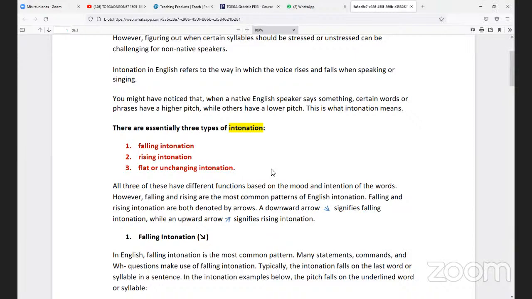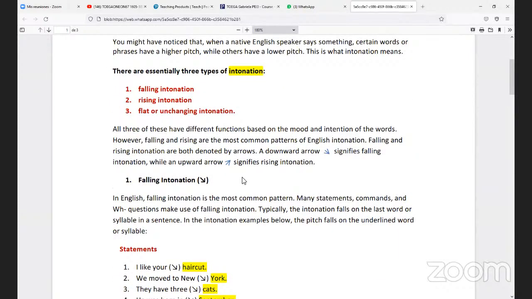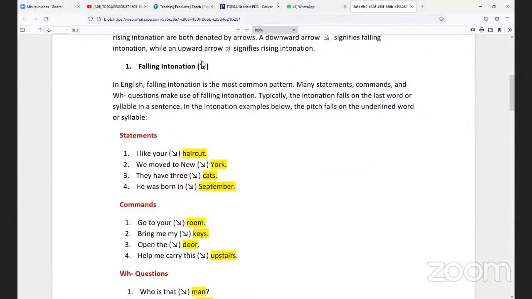Okay, great, excellent, perfect. In this case, we used phrases, like sentences, and in a paragraph this is really common. Let's see the first part, the falling intonation. What is the falling intonation? In English, this is the most common. Why?